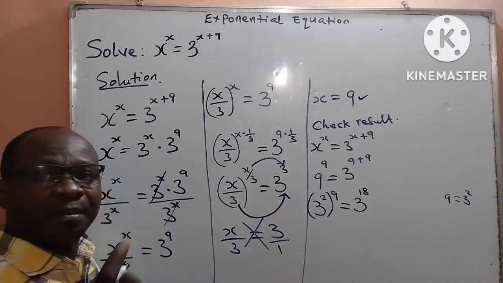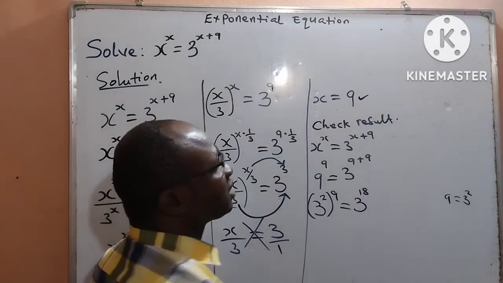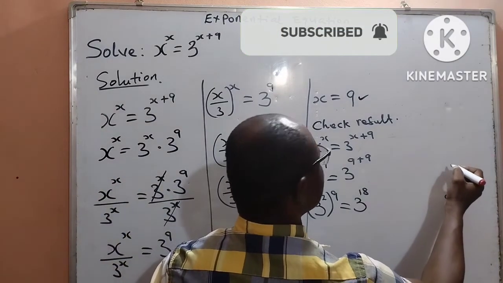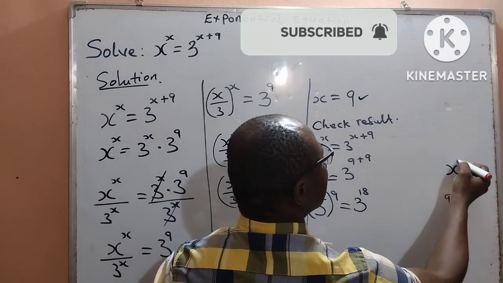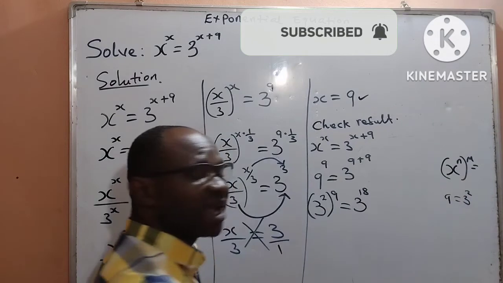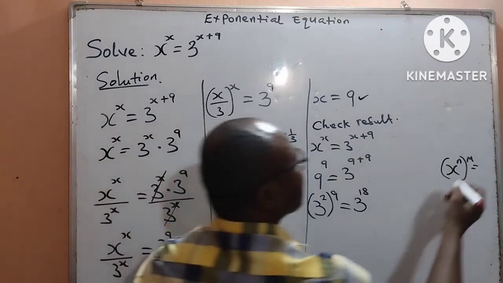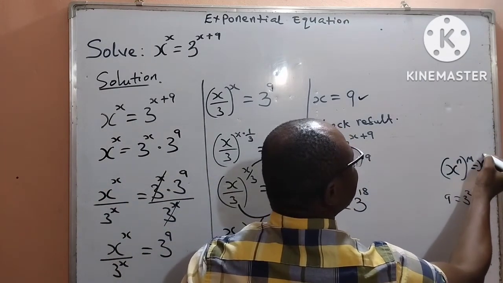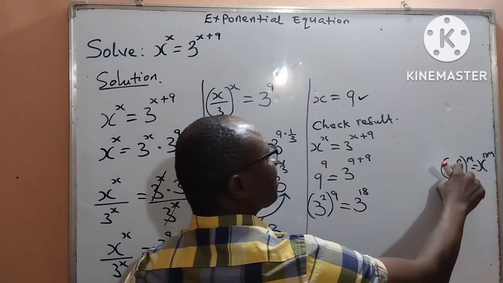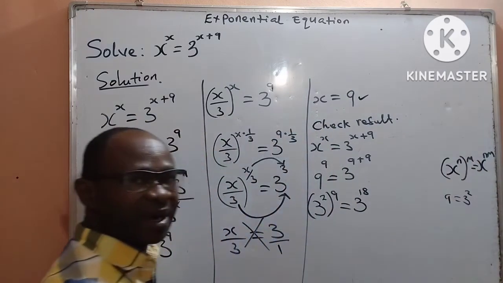Moving forward, by the product law of indices, it says that if I have x to the power of m, to the power of n, the exponents will multiply, and that is going to be x to the power of m times n. That is, you multiply the m inside the bracket with the n outside the bracket.